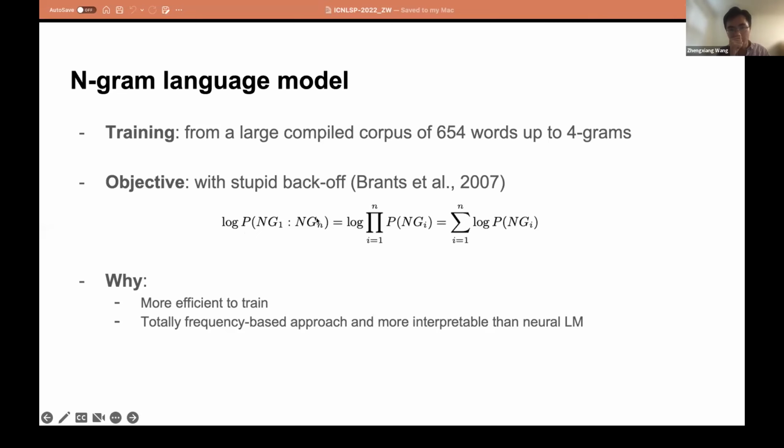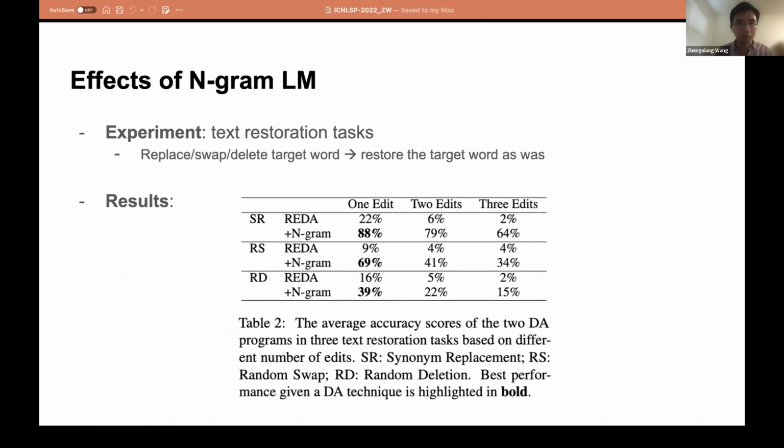The reason why I choose n-gram over a neural network language model is because it's more efficient to train to begin with. This n-gram model is totally frequency based and is more interpretable than neural network language models, just to make the experiment simple and the results more interpretable.